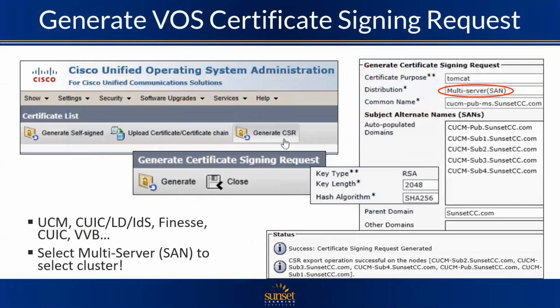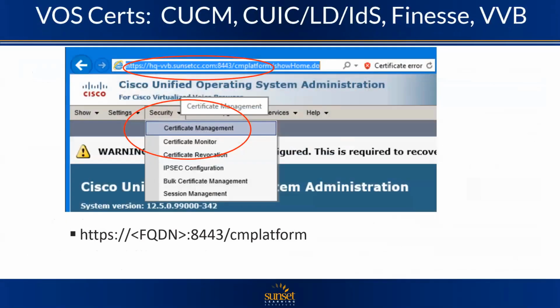Mike, I have a question. Yes, go ahead. I've worked quite a bit with certificates for various UC servers. When there's a need for a public CA, for example, if we have a customer that needs to get to a Finesse desktop, then it makes sense to have a public CA.